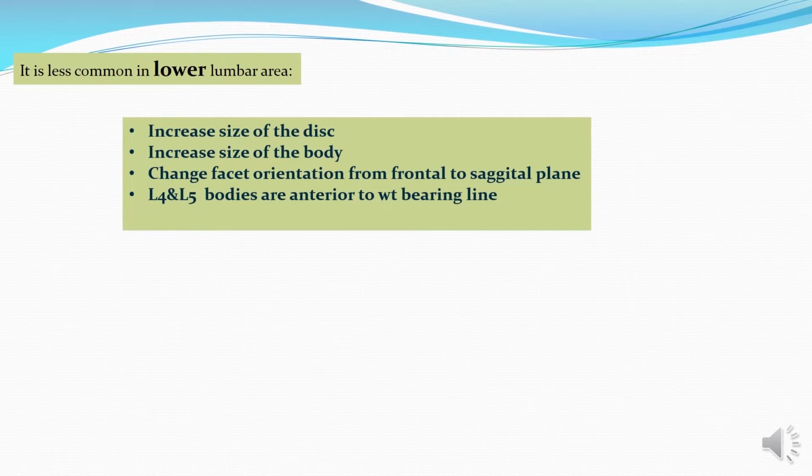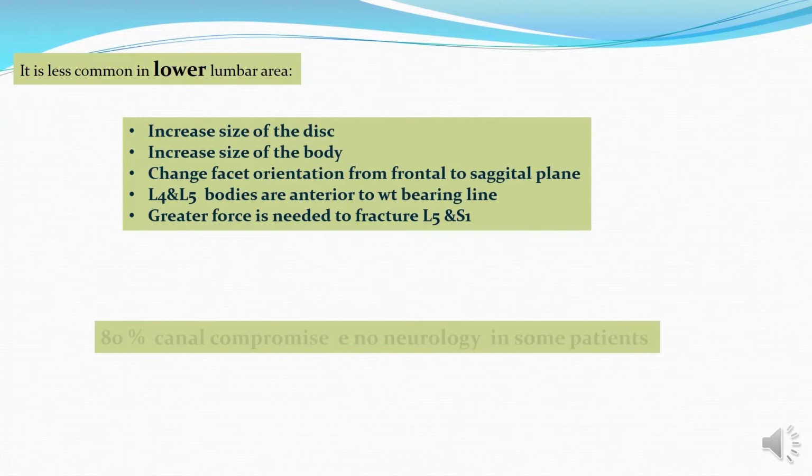And the L4 and L5 bodies are anterior to the weight-bearing line, and greater force is needed to fracture L5 and S1. 80% of a canal compromise can be seen without neurology in some patients, because most of the nerve roots here comprise the cauda equina.